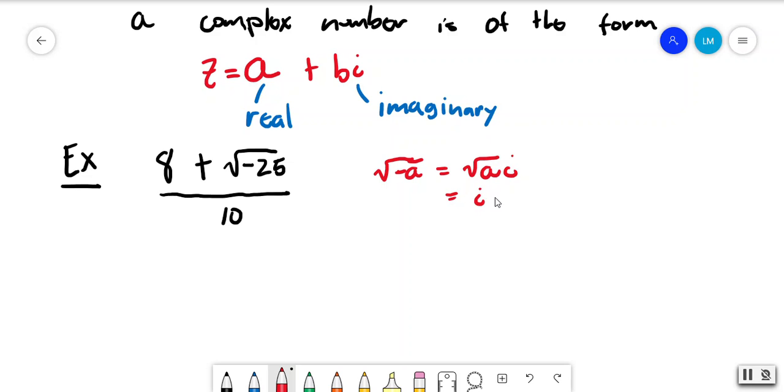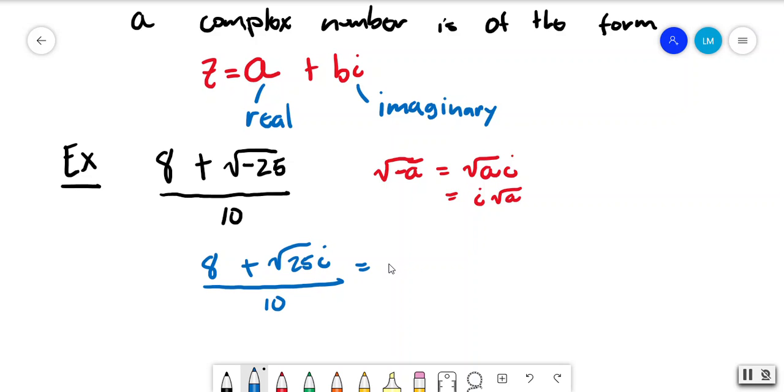Normally you put the i in front of the radical. So if the constant is a perfect square, you can actually write that out. So this will be 8 plus the square root of 25, times i, and this is divided by 10.